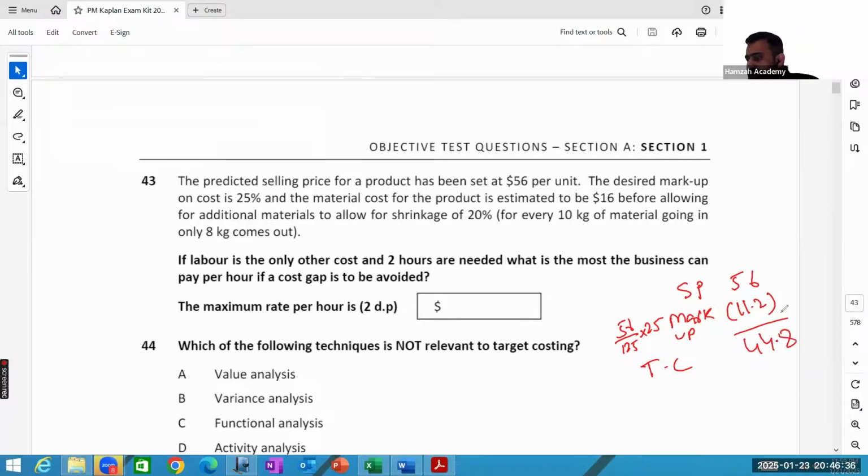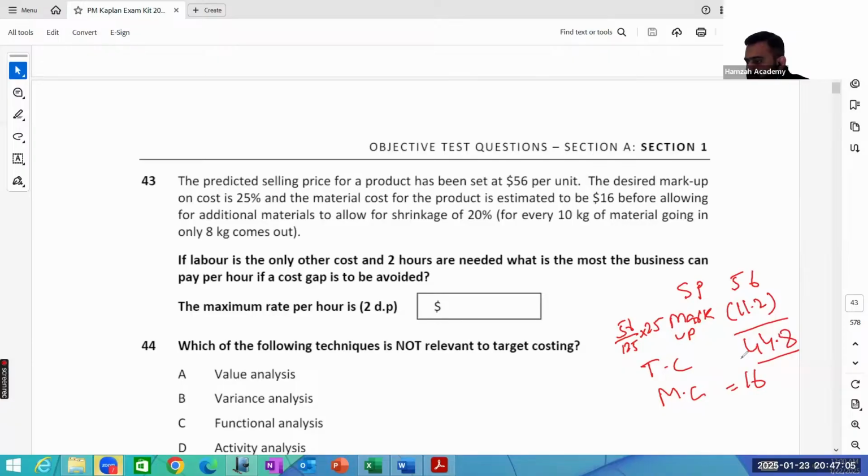Okay. Now the material cost. So this is your target cost. Now the material cost for the product is estimated at $16, before allowing for additional material for shrinking of 20%.